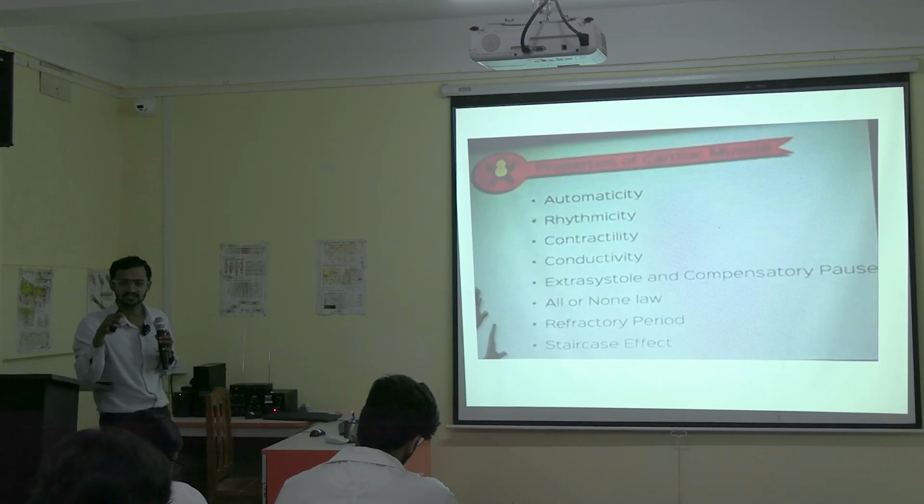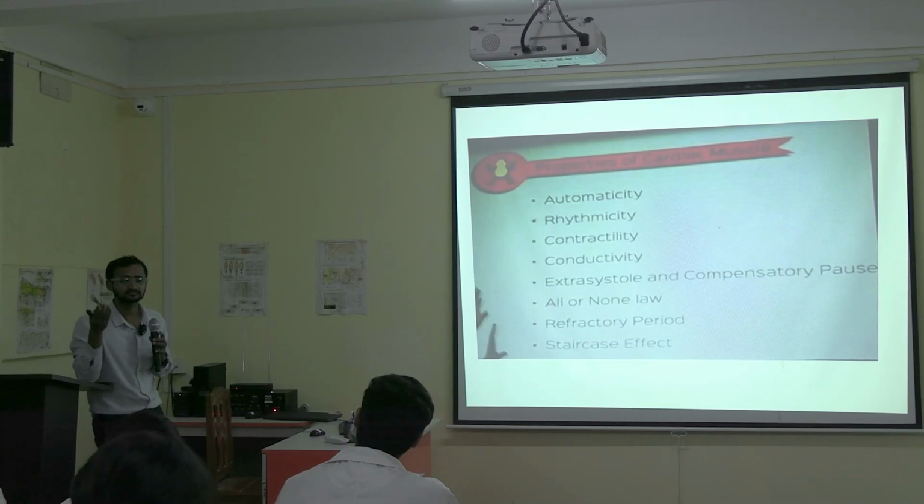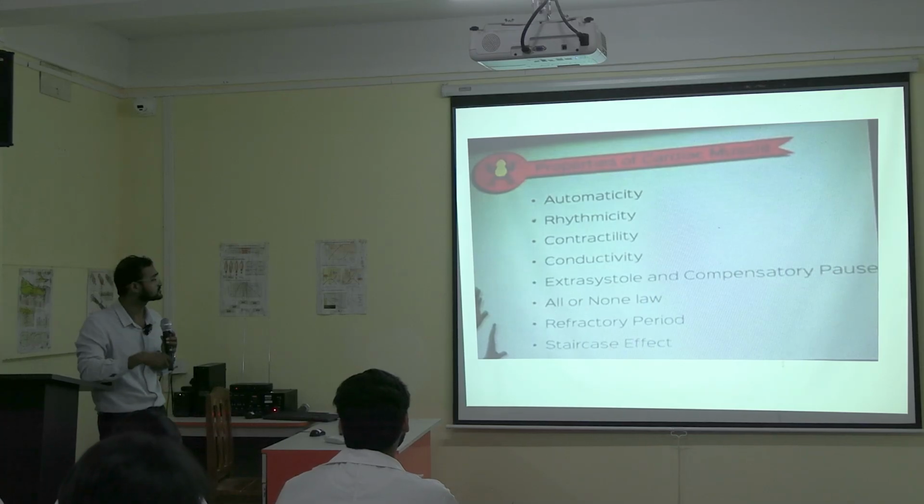How the conduction system goes. So it depends on the conducting system. The more the stimulation, the more the impulse from the conducting system, the more will be the contraction. So it depends on that.